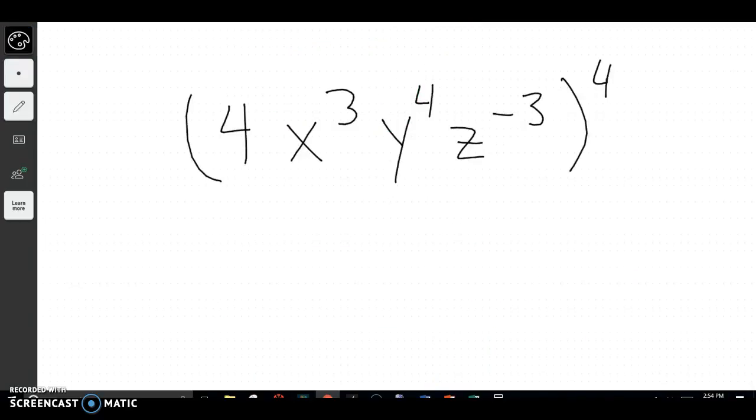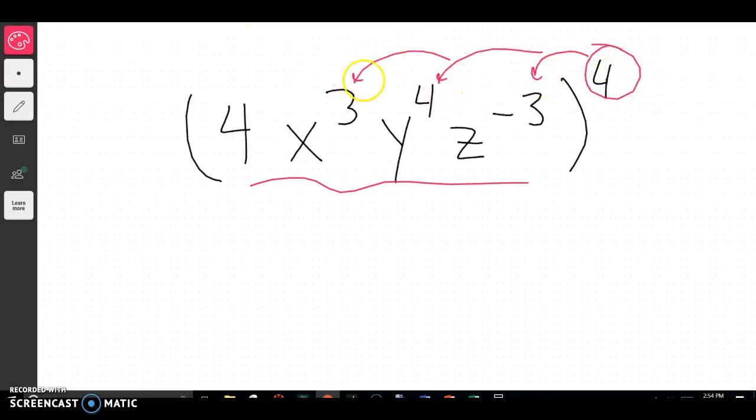Okay, so let's take this example now. And we're going to use the shortcut because writing this thing out 4 times would not be fun. So as we learned last time, the shortcut is you take this, and it really just multiplies all of the exponents. First thing that you need to do is take the whole number that's out in front and give it an exponent.